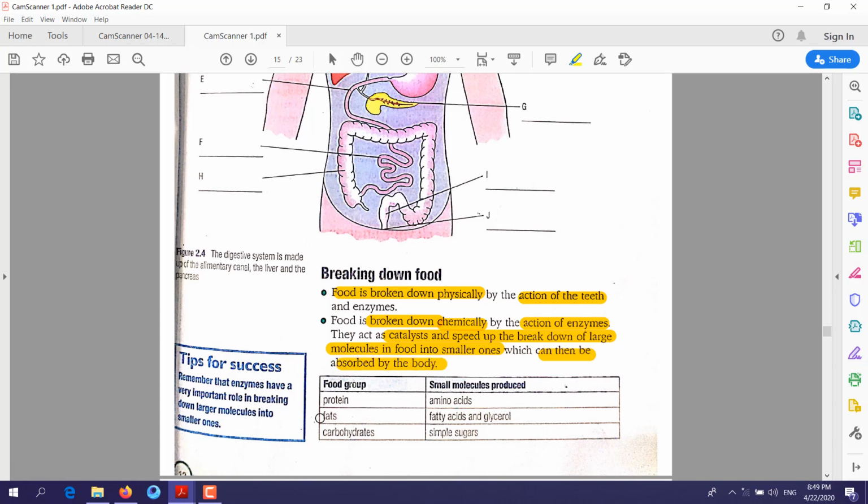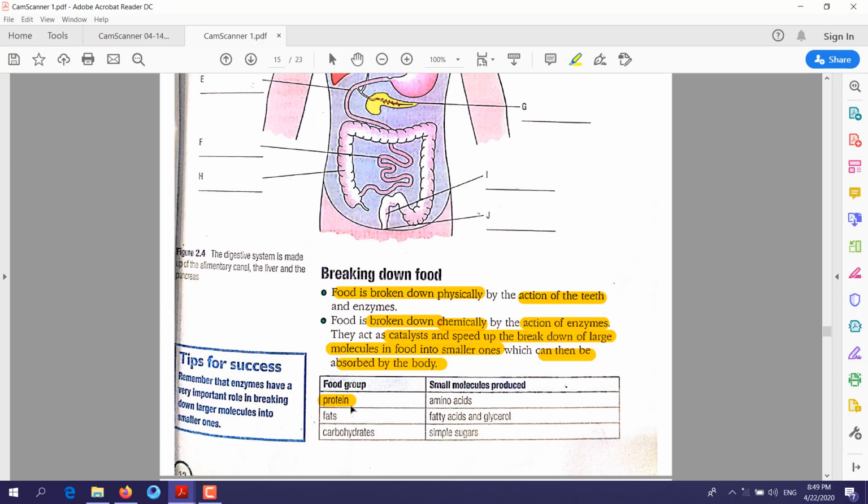Now, when you eat food, your food may contain protein, fats, or carbohydrates. When we say protein is a large molecule, it means this large molecule consists of many small molecules together, or other subunits.